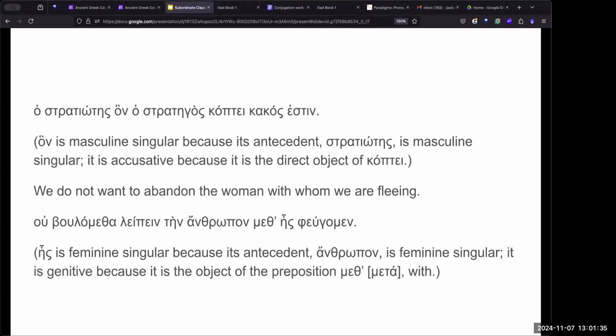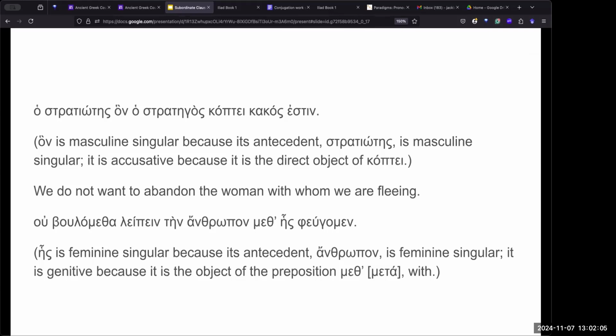All right. So here is the Greek that I've got for that. Ho stratiotes, hon ho strategos kopte: the soldier whom the general is striking, kakos esti, he's evil or bad or a coward, something like that.